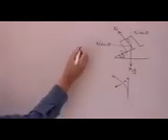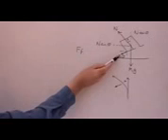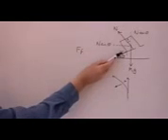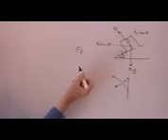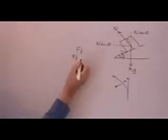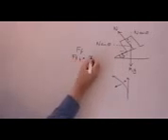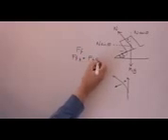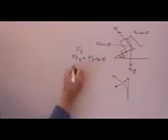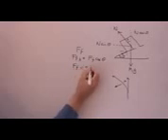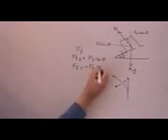If the frictional force is Ff, then I think you can see that since this angle is theta, this angle is going to be theta here. And so the frictional force, which is horizontal, is going to be Ff times the cosine of theta, and the frictional force, which is vertical, will be Ff times the sine of theta.